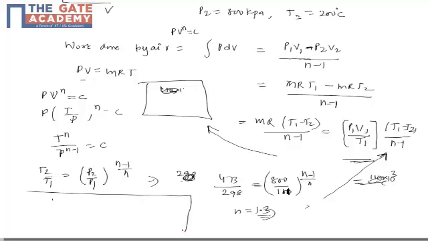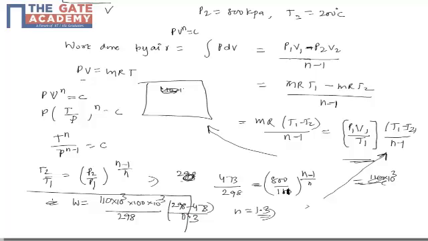Let me just do the final work done calculation here. 110 kPa times 10^3, and the volume is 100 liters, so 100 × 10^-3 in m³, by T1, which is 298, times the temperature difference. The temperature difference can be written as 298 minus 473 in Kelvin, by n is 1.3 minus 1, which is 0.3.